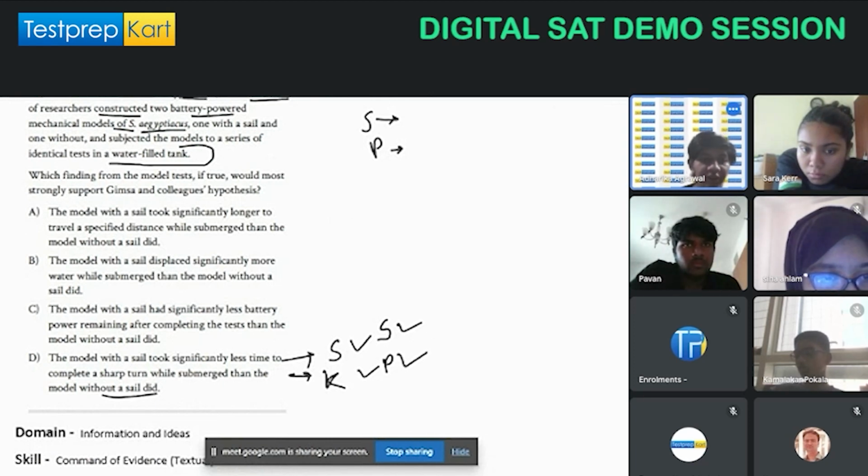Now, let's move towards C. The model with a sail had significantly less battery power remaining after completing the test than the model without a sail did. How many of you agree with this? Okay, no one. The model with a sail displays significantly more water while submerged than the model without a sail did. Anyone who wants to go with this?